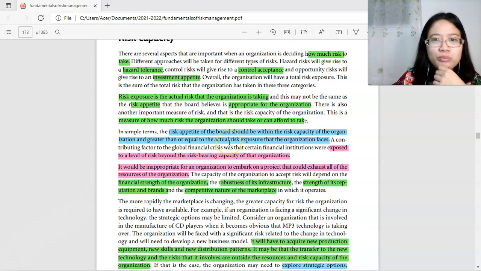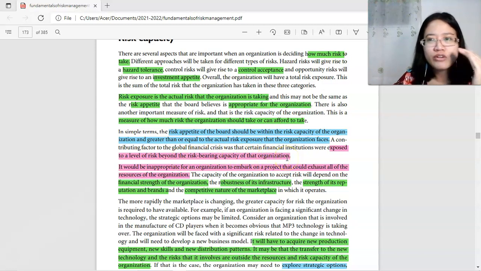But for the most part, you have to consider talaga yung risk capacity ng organization. Okay? Exposed to a level of risk beyond risk-bearing capacity of that organization. This is actually normal naman. You have your risk capacity, tapos yung risk exposure mo is mas mataas naman talaga.